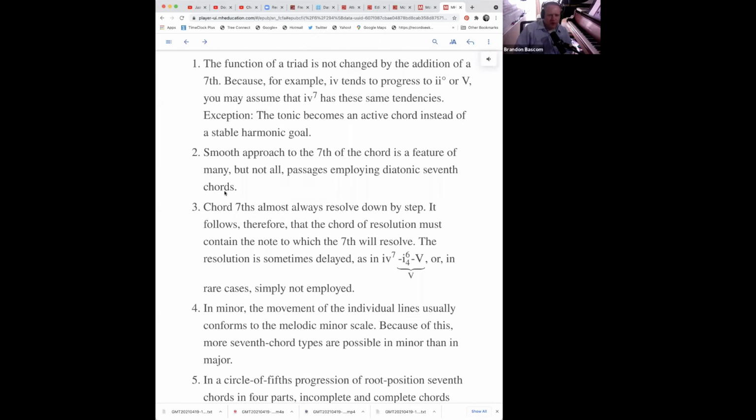If this is the bass and it's in first inversion, that means our root is going to be an F sharp because we're in G major. Got to put our F sharps in. So this becomes a 7.